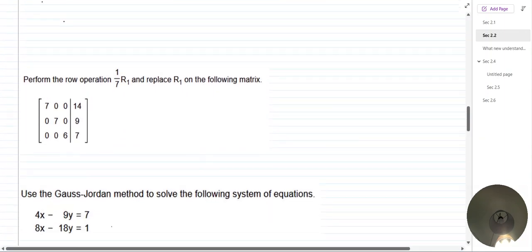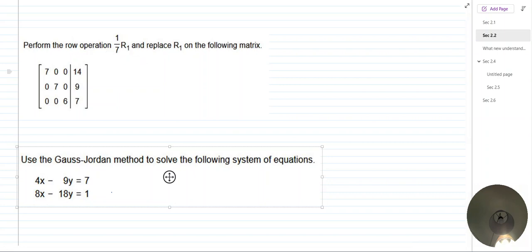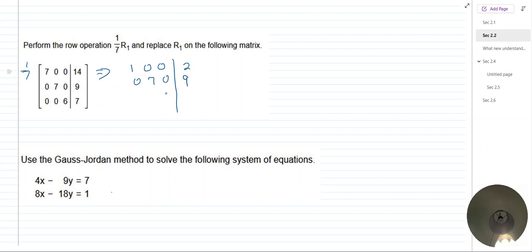This one says perform the 2 row operations, 1/7 row 1, and replace row 1 on the following matrix. So we have 1/7 times that row. So I'm going to have a 1, 0, 0, 2. Everything else is the same. And we're getting ready to do that solving of that system.